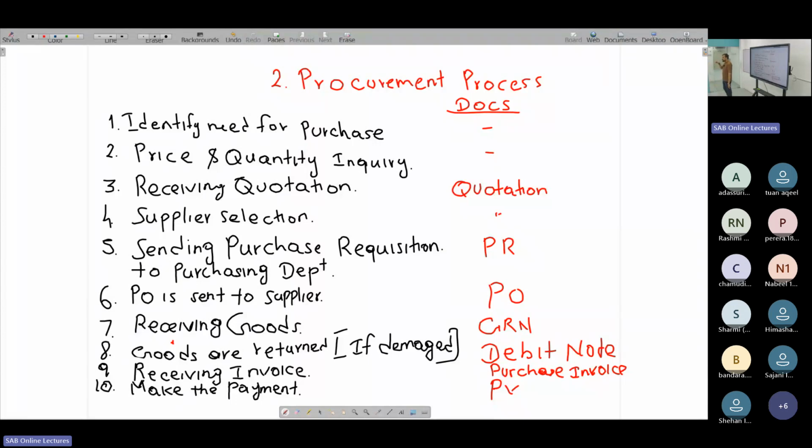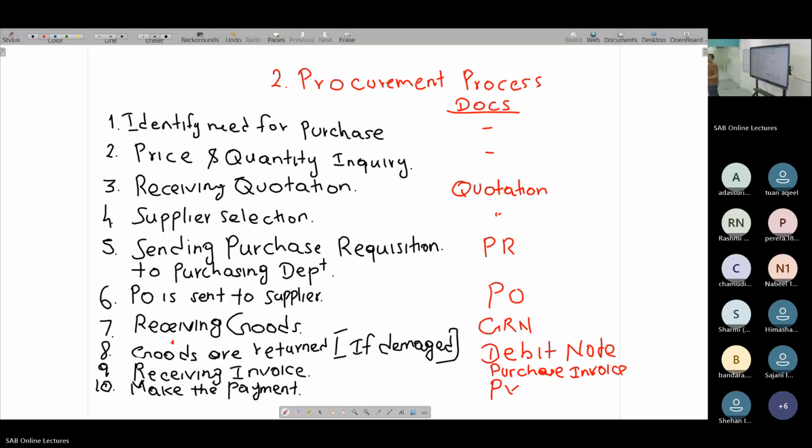So GRN, write the purpose. GRN: confirmation of goods received.